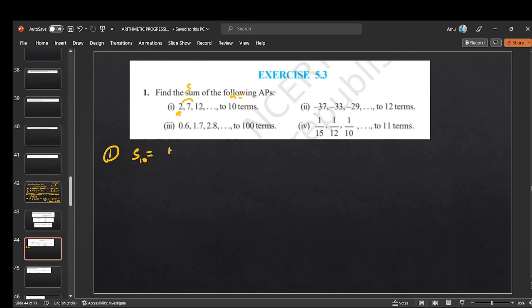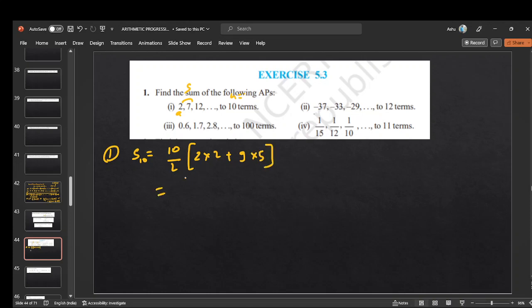Now 10 by 2 into 2a, that means 2 into 2, plus n minus 1, that means 9, into d, that means into 5. Clear?